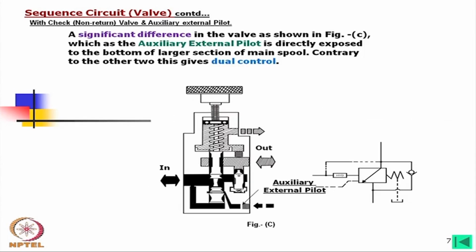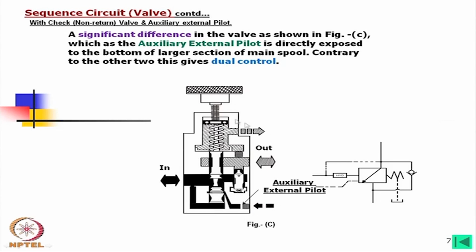Now, in this valve, there is this check valve, as well as an auxiliary external pilot port. In this case, what we find, this valve is normally with internal piloting, but as well there is also external piloting.